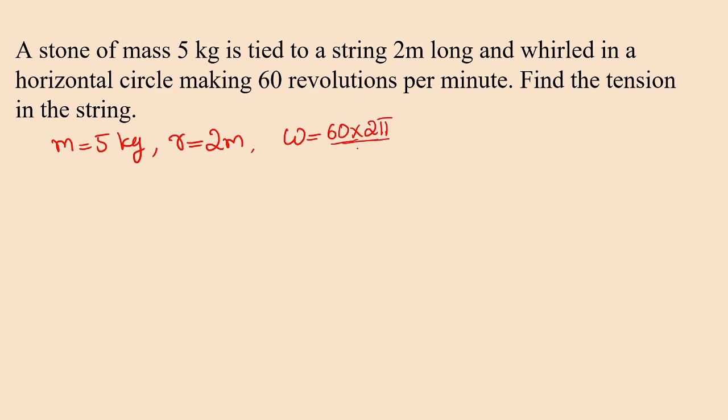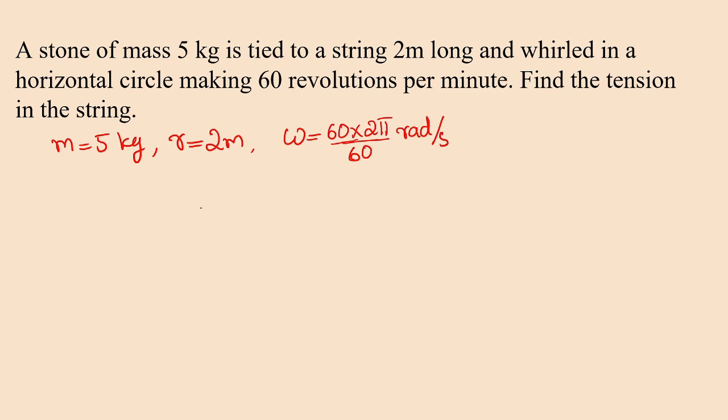So in one second, the angular velocity will be 60 into 2 pi by 60 radian per second. So 60 into 2 pi is the angular displacement in 1 minute, so the angular displacement in 1 second is equal to 60 into 2 pi divided by 60.